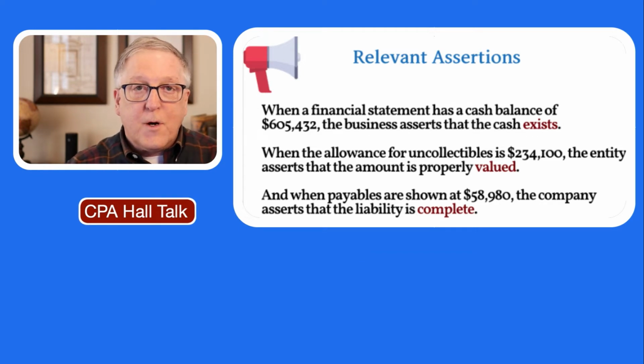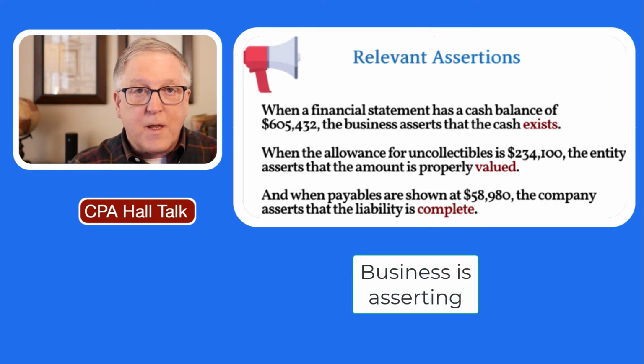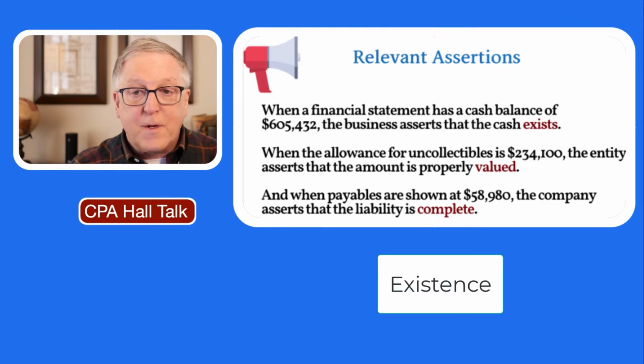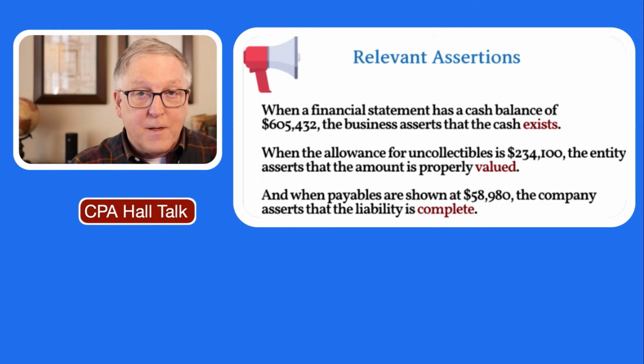So when you look at the line that says cash and it has a balance there, the business is asserting that the cash exists. Otherwise, it wouldn't be there. So existence is quite often a relevant assertion for cash. I would say it's always a relevant assertion.